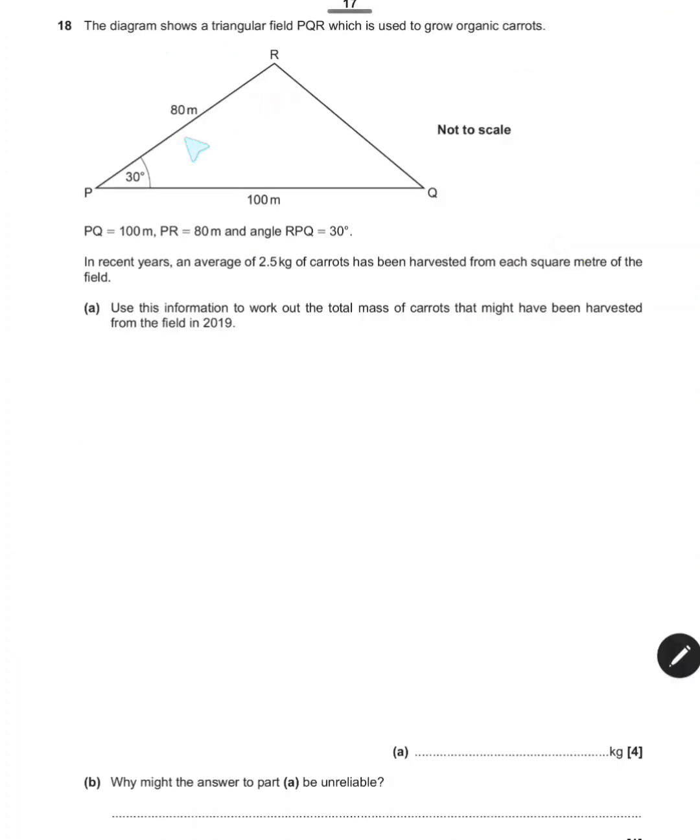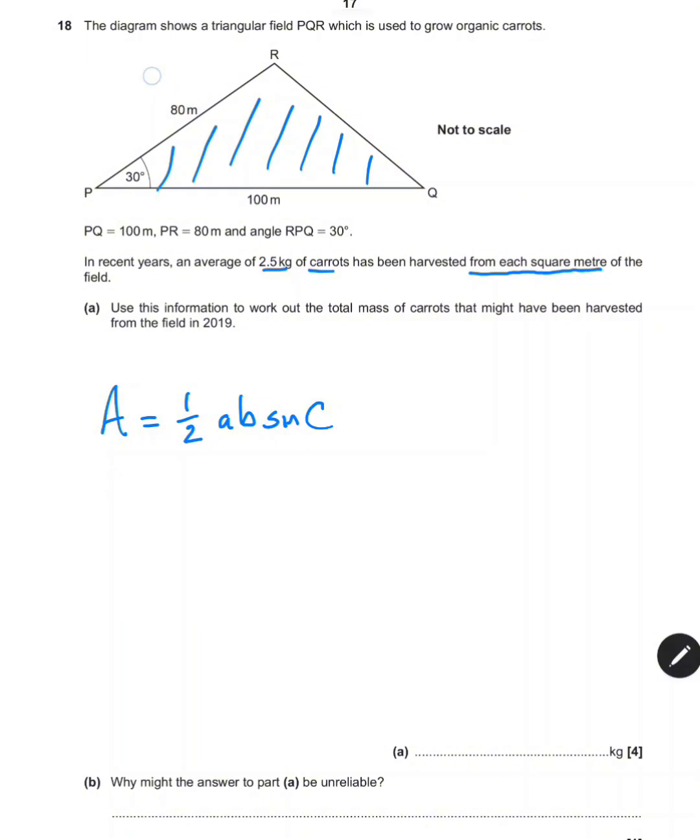Question 18, we've got a triangle. It's non-right angled. It talks here about an average of 2.5 kilograms of carrots have been harvested from each square metre. This is telling you to work out the area of the triangle. So because it's non-right angled, I'm going to use area equals a half AB multiplied by the sine of C, where the two sides are A and B, and C is the angle between those two sides.